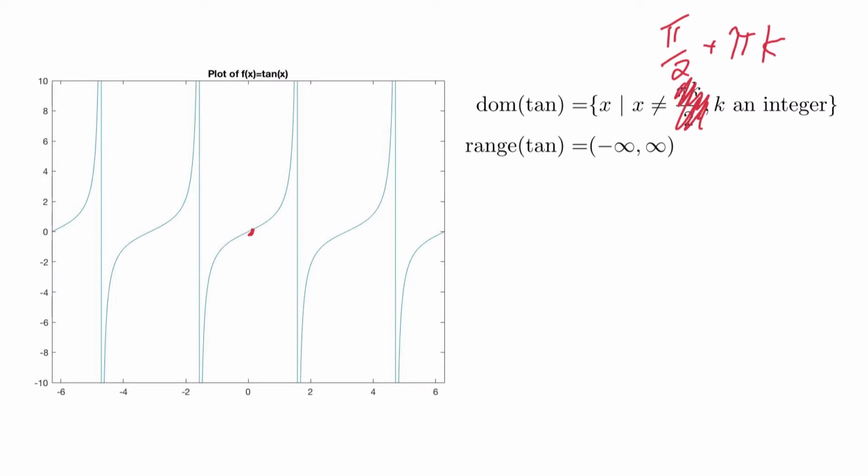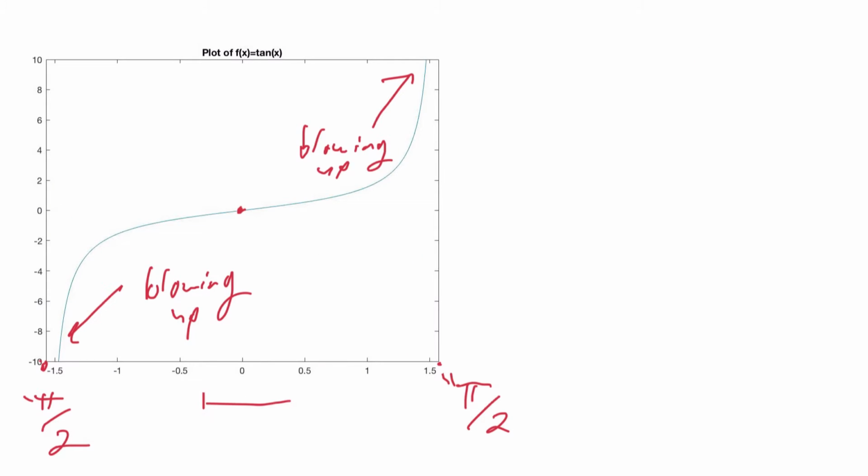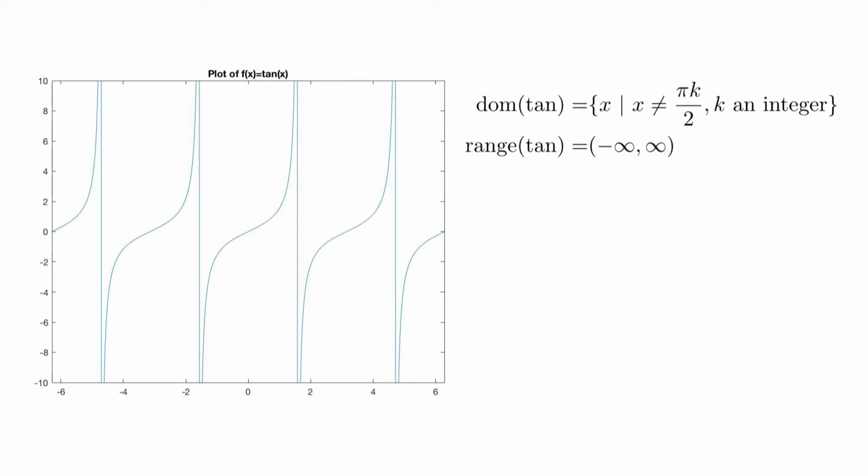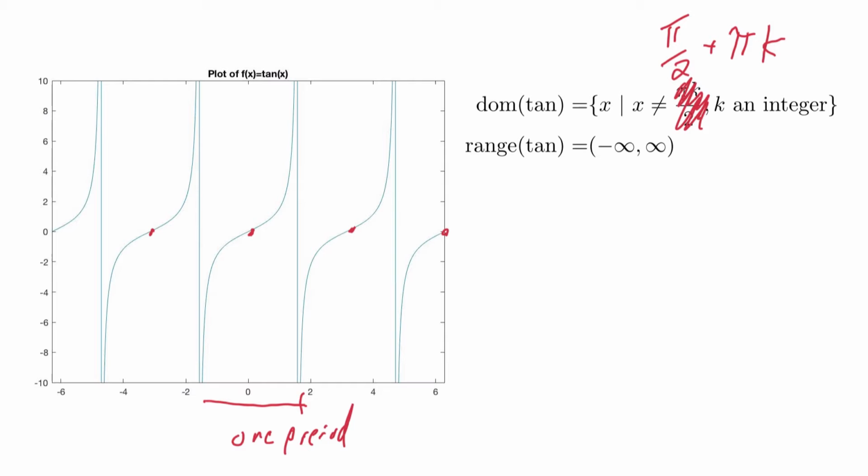So we see that we're at 0 here, and then I go over to pi, we're at 0, go over to 2 pi, 0 again. So we see that there's one period here. But it's smaller than it was for sine and cosine. It's only length pi, not 2 pi.